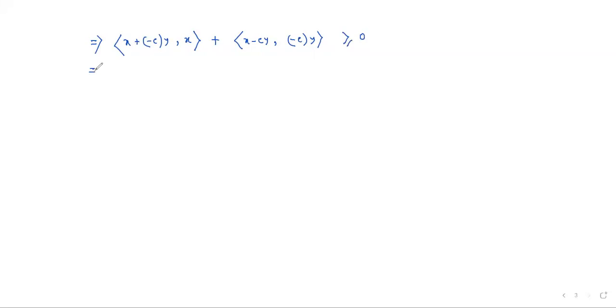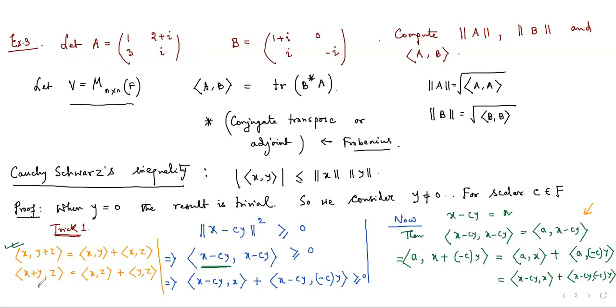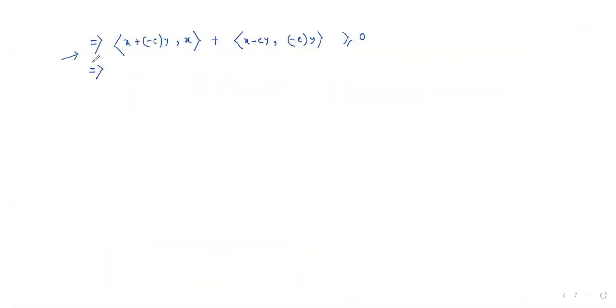Again here, at this position, we can apply this property. So we can write it as x comma x plus minus c y comma x. And we can write it as x plus minus c y, minus c y, greater than or equal to 0.